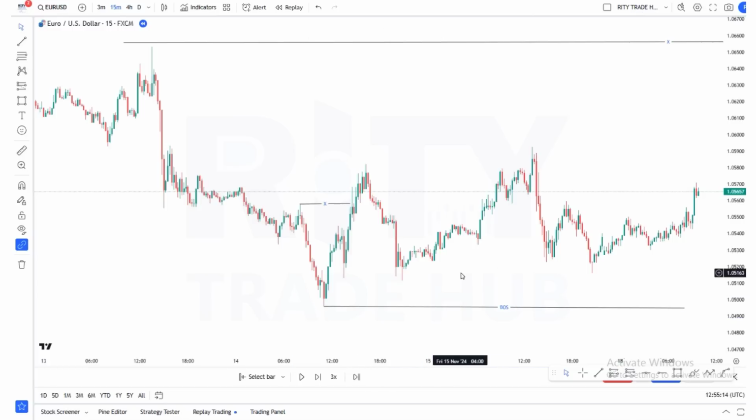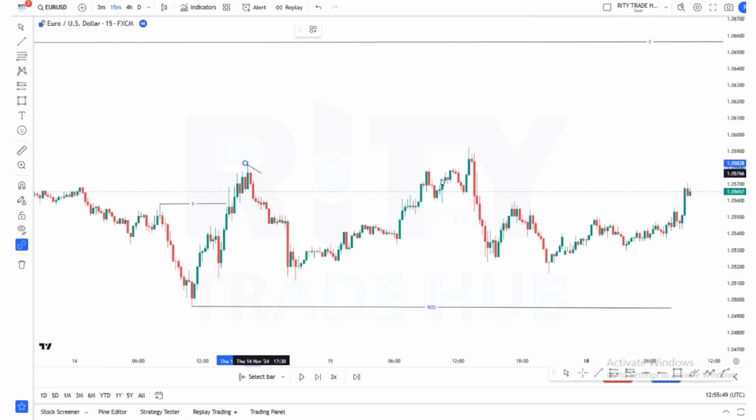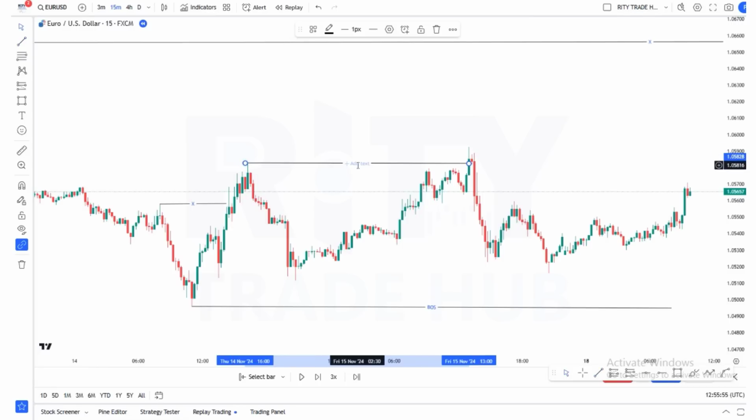All right, so you can see that BOS zone is still protected. So what happened after price took our inducement? Actually, we are expecting after inducement is taken, our price needs to push lower and break our structure low, but that didn't happen. Rather, price pushed higher and closed above this zone, indicating an internal change of character right here. So I would identify it as my ICHOCH.